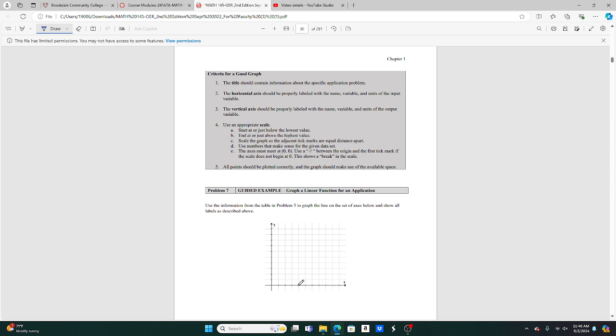Make sure you use an appropriate scale, and the scale can't change. So if from this line to this line, we're going up by 5, so we call this number 5, we can't go 5, 10, and then suddenly jump to a number like 17. So we'd have to increase by 5s all the way across if we chose the number 5. Of course, we can use a break. So that would mean that if we said, you know what, my values are increasing each time by 5, but my initial value is 200, well, then I'd put a break in there.